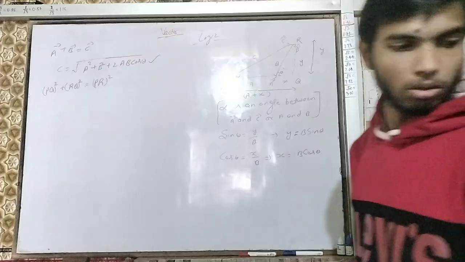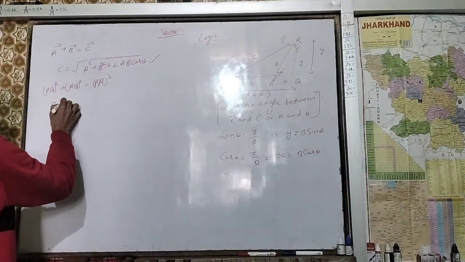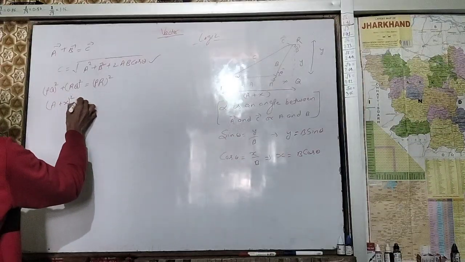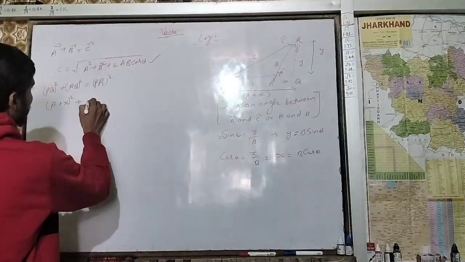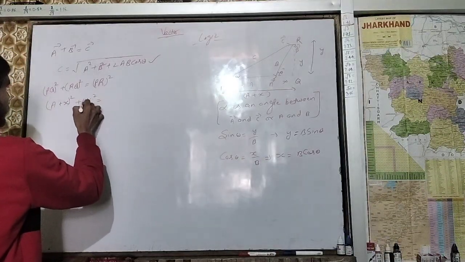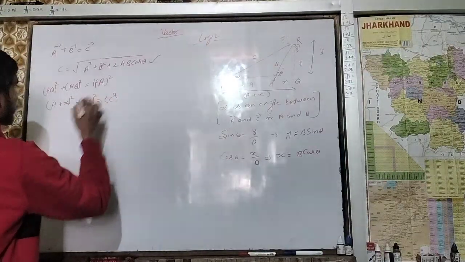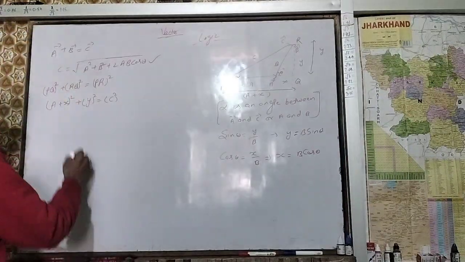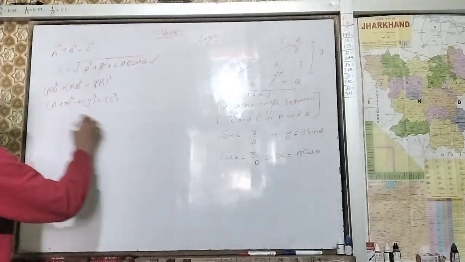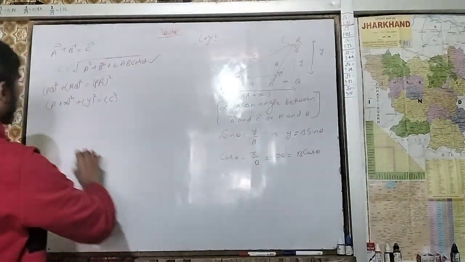Let's substitute all these values. So PQ is nothing but (a plus x) raised to power 2. RQ is y raised to power 2. PR is also c raised to power 2. Now here, as we can see, there is a value of x. So the value of x is b cos theta, and the value of y is b sin theta.